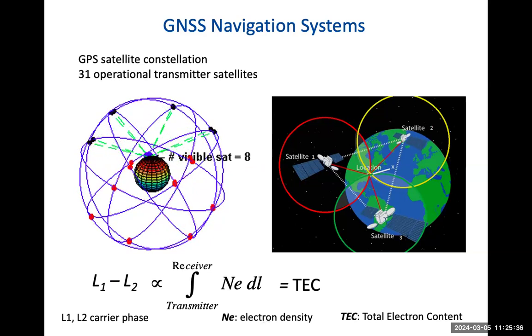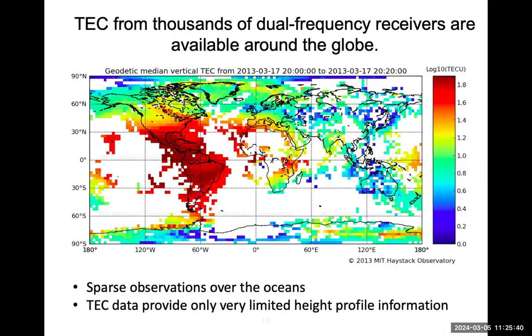So now if we put thousands of receivers across the globe, we can create maps like these ones, and I'm sure many of you have seen this before. This is a map of total electron content obtained from several thousands of ground receivers looking to various GNSS satellites, and then inferring total electron content from the observations.